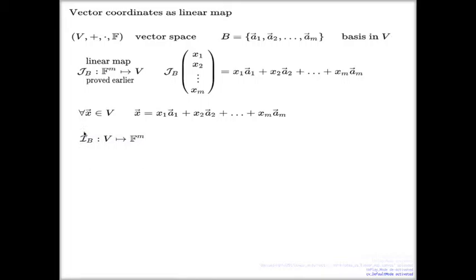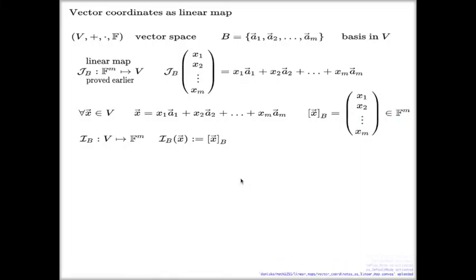My map I sub B will do this. For this vector x, it will assign the coefficients which appear in this representation. Remember this symbol? It's what we call the coordinate vector of x with respect to the basis B. This is exactly the m tuple, which consists of the coefficients from here. And this map, which takes the vector x into this m tuple, is a map, isn't it?